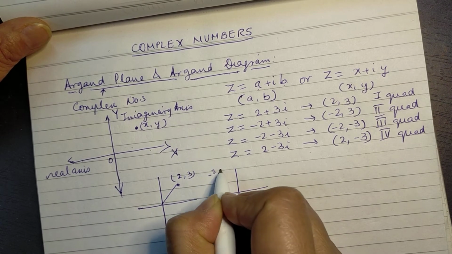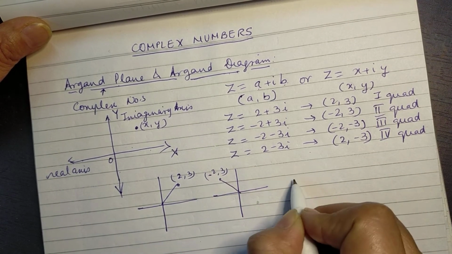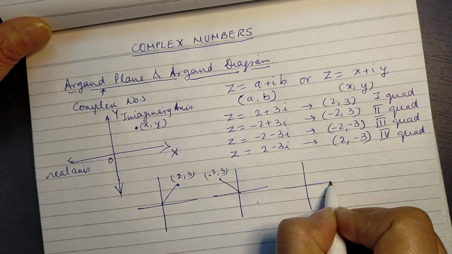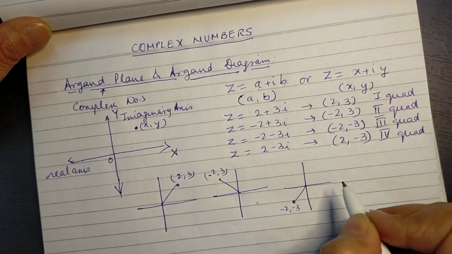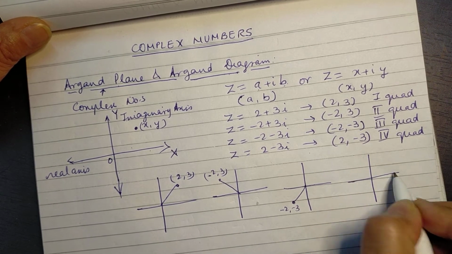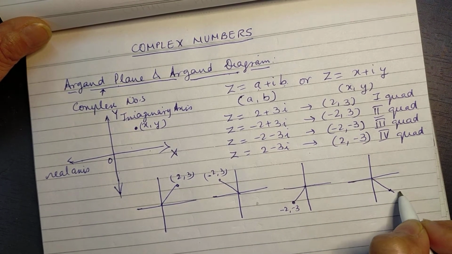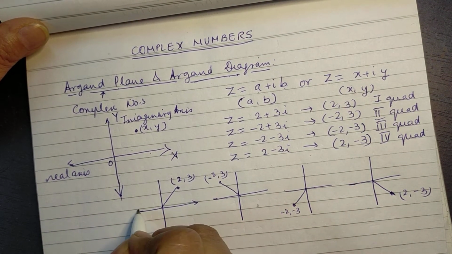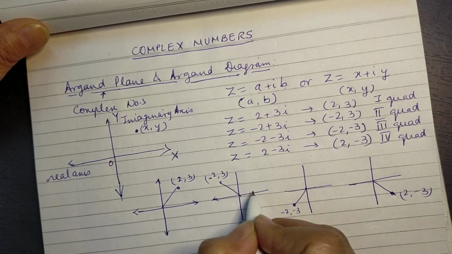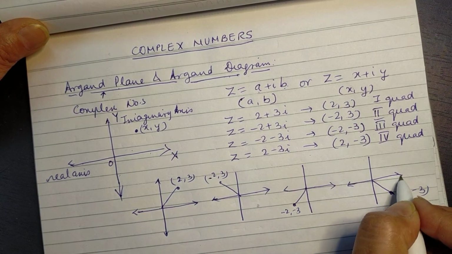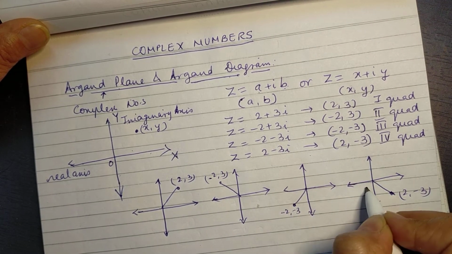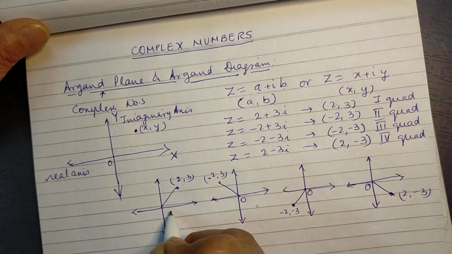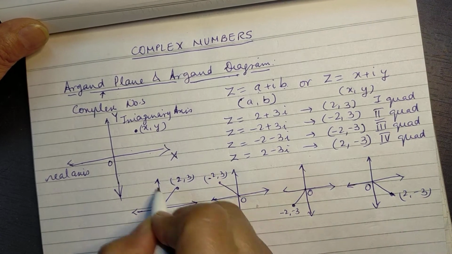And thus you have the point 2 comma 3 depicted like this, the point minus 2 comma 3 like this, the point minus 2 comma minus 3 like this, and the point 2 comma minus 3 like this. The horizontal axis is the real axis, the vertical axis is the imaginary axis. This is 0, and here we have x, this is y.